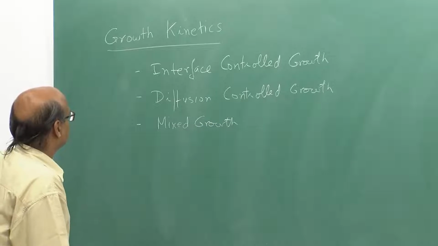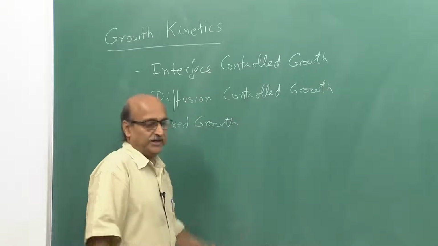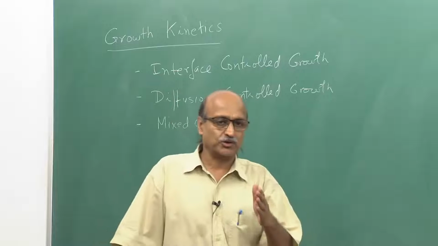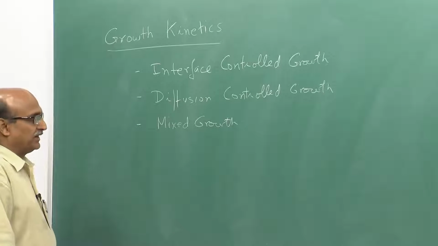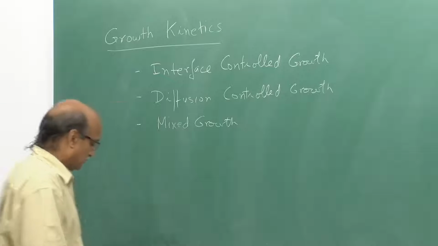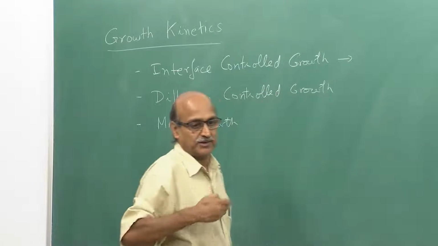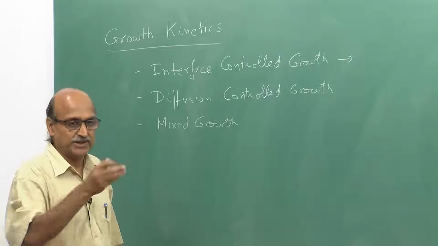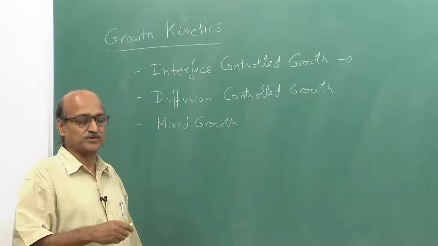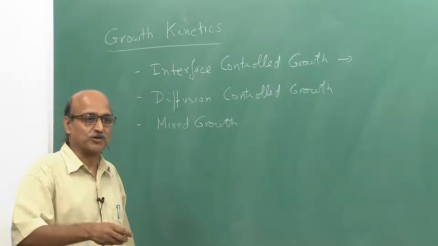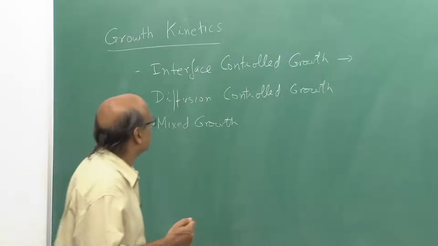Now, let us consider first growth kinetics where interface growth, or the atomic jump across the interface, is controlling the growth kinetics. An example of that could occur in the example that we have been taking in the last few lectures, of ice nucleating in water. It is a single component system where it is the water molecules jumping across the liquid to solid interface.